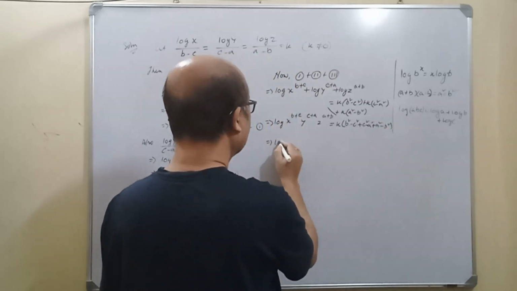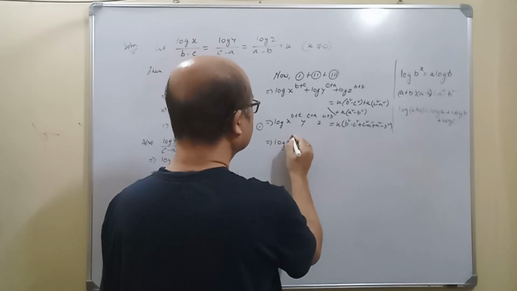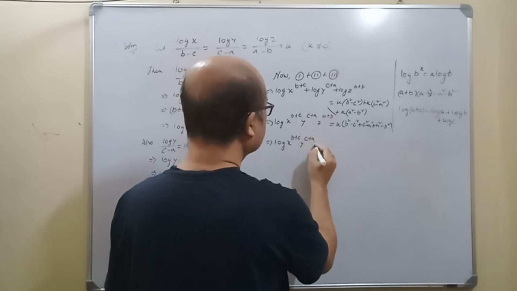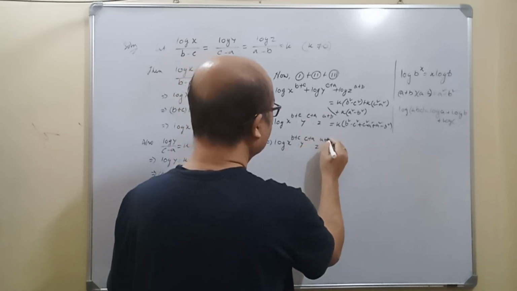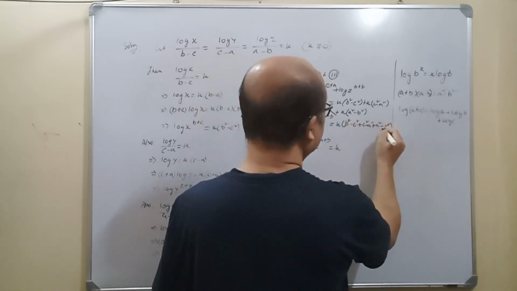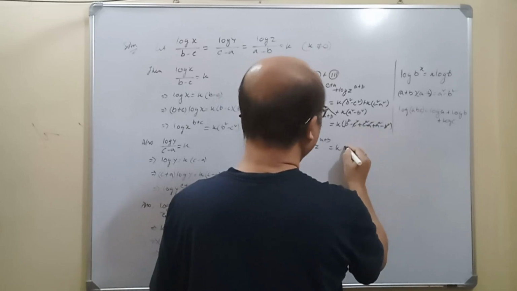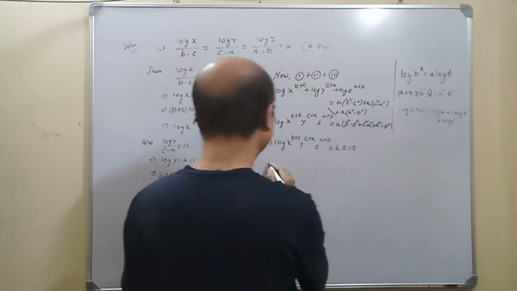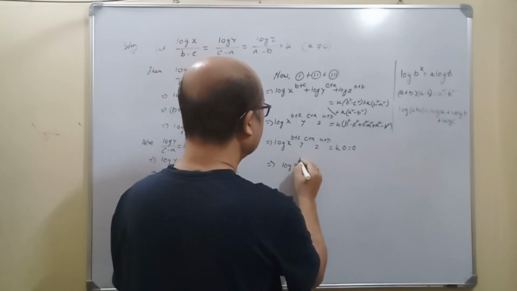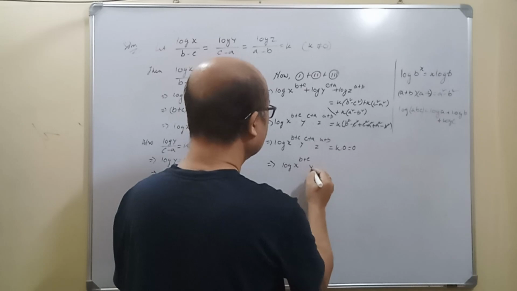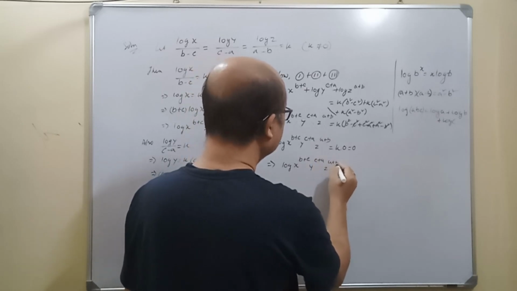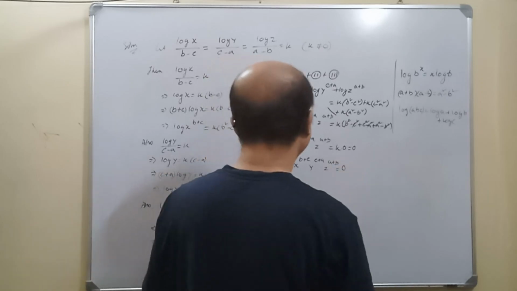Everything cancels out, so k into 0 is equal to 0. So that means log of x to the power b plus c, y to the power c plus a, z to the power a plus b is equal to 0.